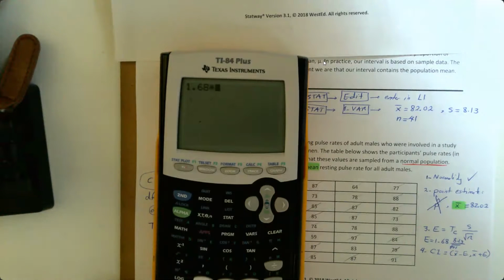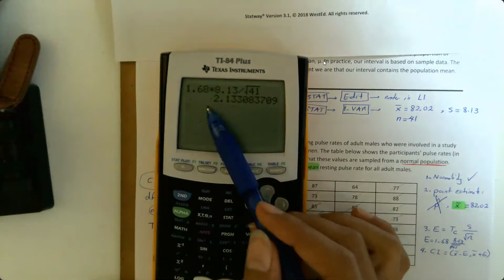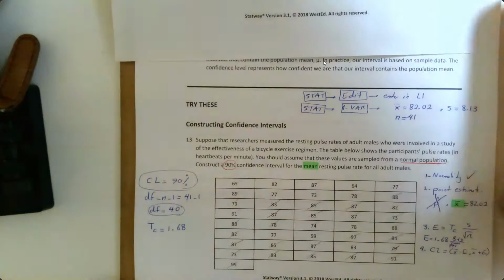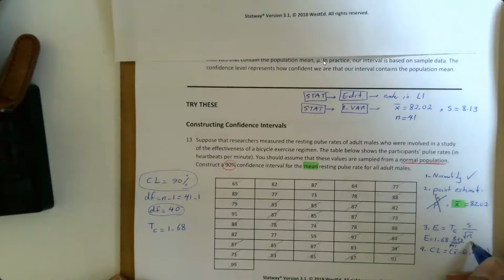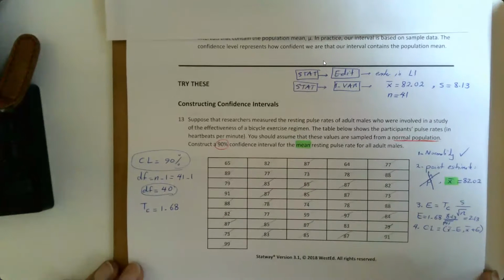So 1.68 times 8.13 divided by square root of 41 gives you 2.13. The margin of error is 2.13. Now I'm allowed to move on to construct my confidence interval.